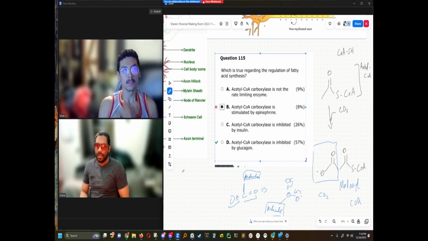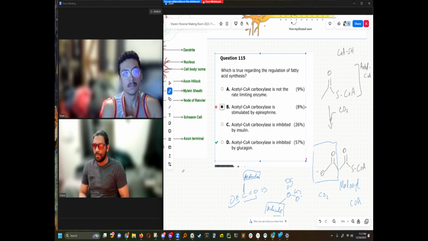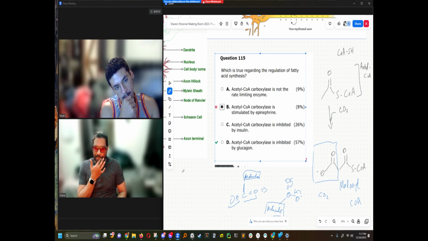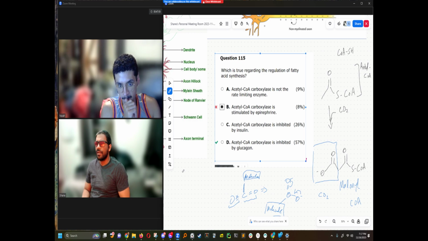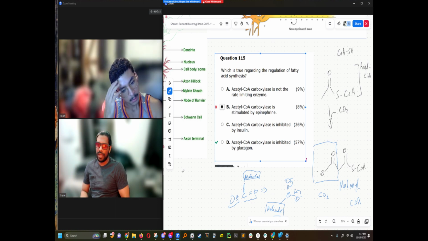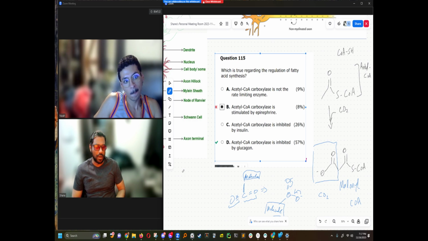For choice B, that it's stimulated by epinephrine, if that happened, it would mean that when you have epinephrine in your body, you take the acetyl-CoA and turn it into malonyl-CoA.